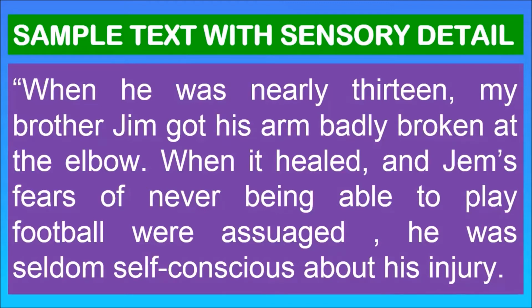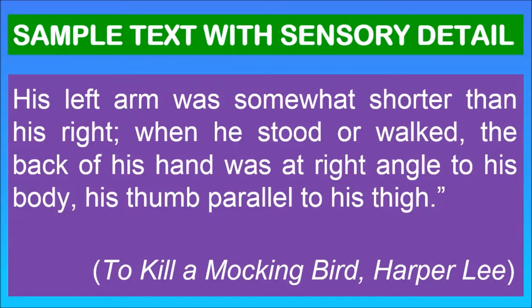At the elbow. And how bad was it? His left arm was somewhat shorter than his right. That's the result. And the back of his hand was at right angles to his body. So you can imagine that. His thumb parallel to his thigh.